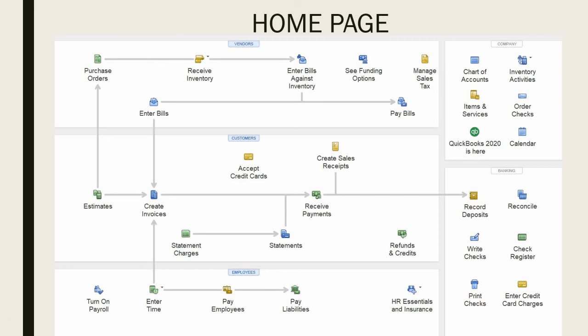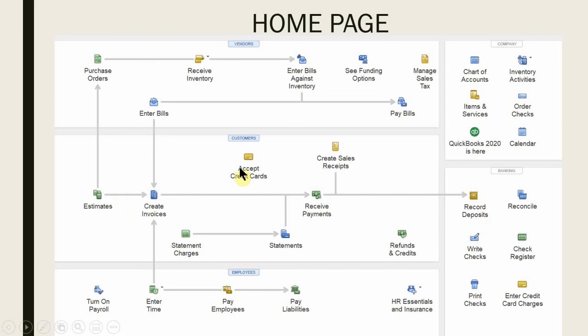For example, when we take a look at the sales section of a file, we're looking at creating an invoice, and then receiving payments. And if we follow this line out, you're going to be recording deposits.